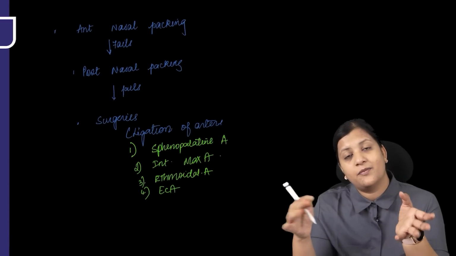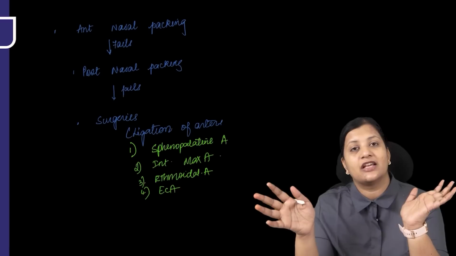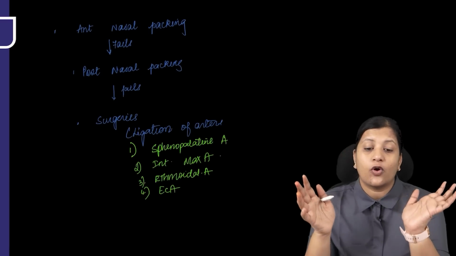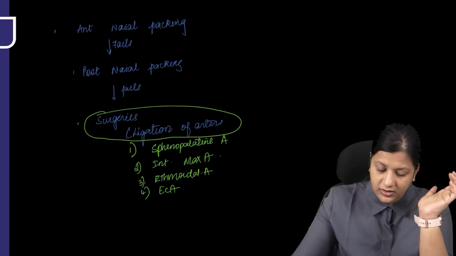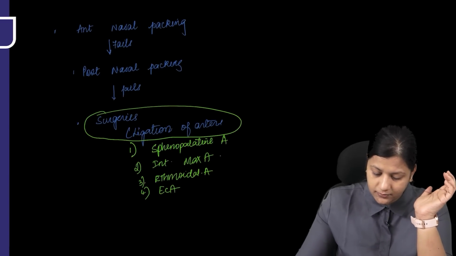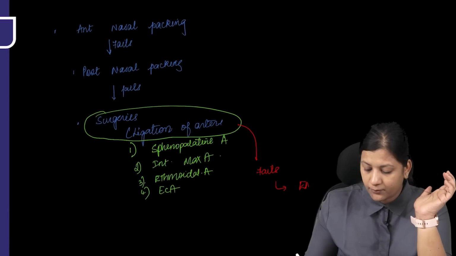If this indirect therapy also doesn't work, then what will you do? Then you will go for surgery, which is ligation of arteries. And if this also fails, then you will go for embolization of the artery.